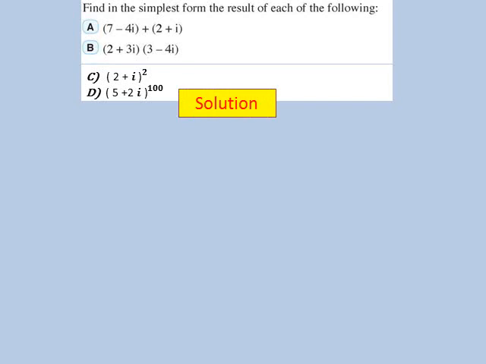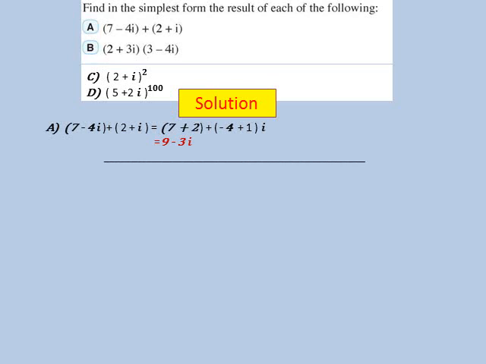How can I add these two complex numbers? I can add them by adding real part to real part and imaginary part to imaginary part. So 7 plus 2 and negative 4 plus 1, which gives us 9 minus 3i.